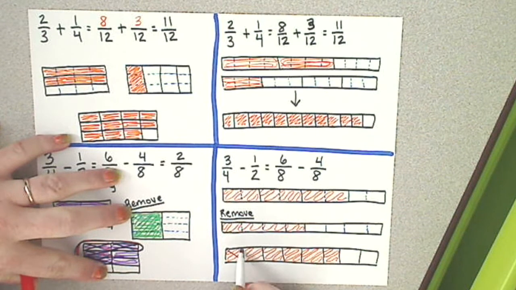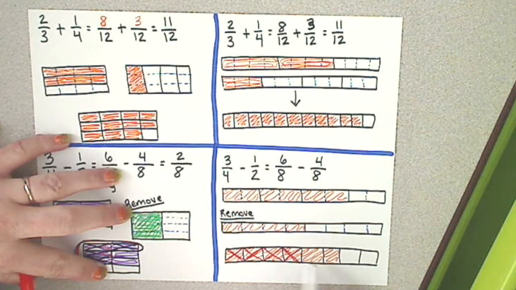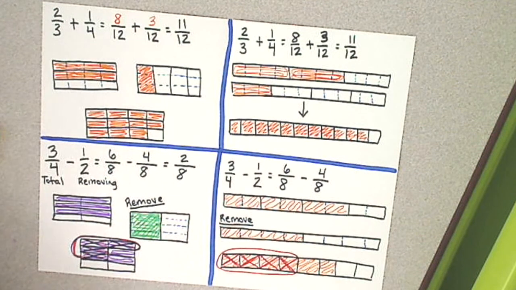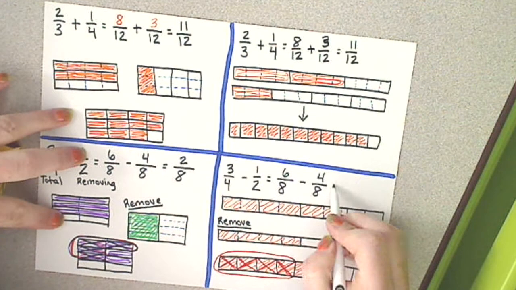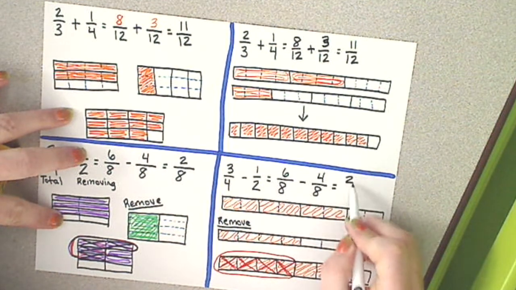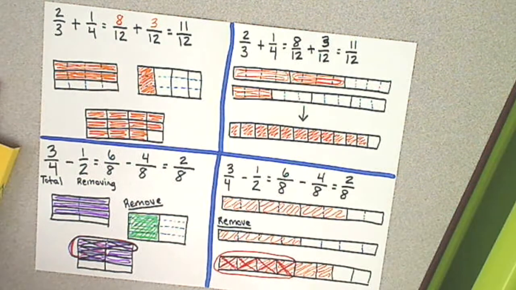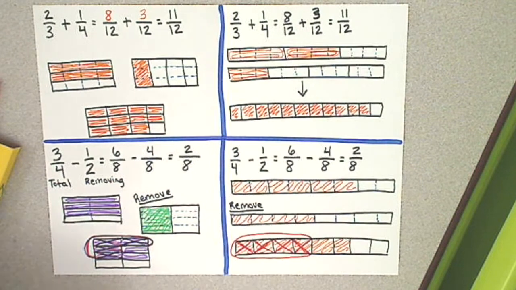So there's 1, 2, 3, 4. So these are the ones being taken away, which leaves me with 2 pieces left shaded out of the 8. 6 minus 4 is 2, all over 8. Okay. So there is your strip diagram versions of these.